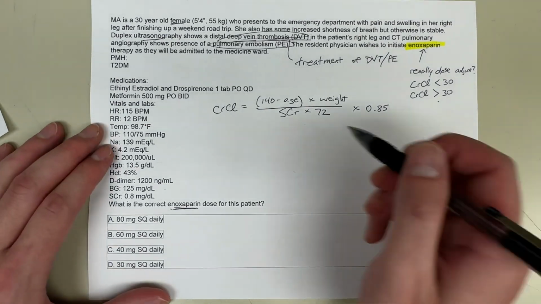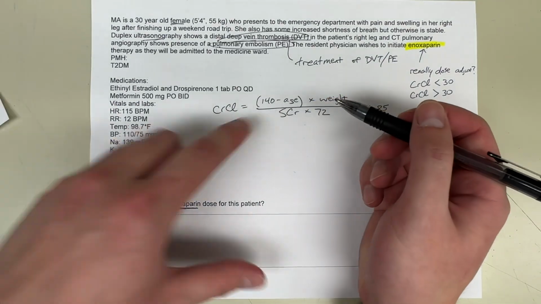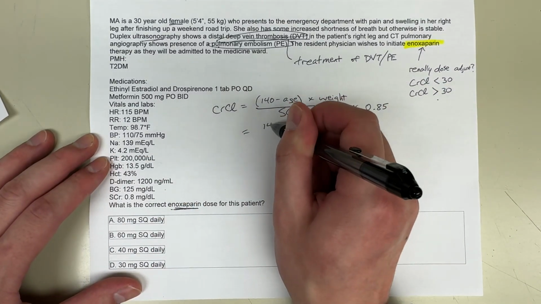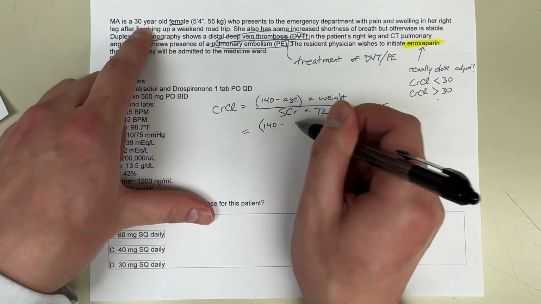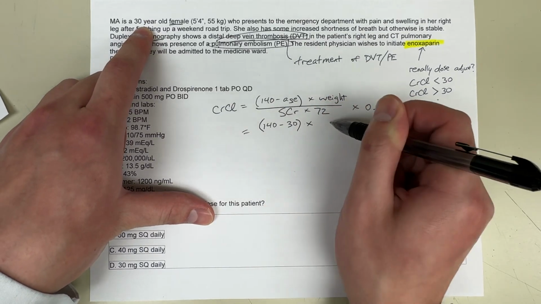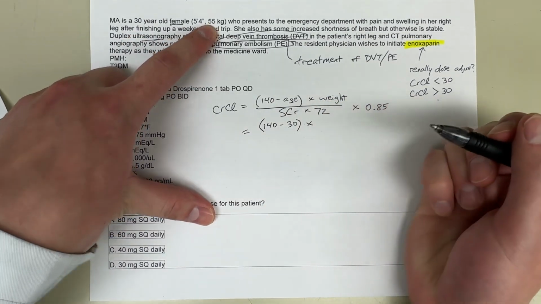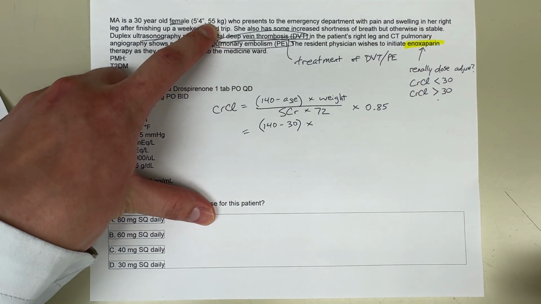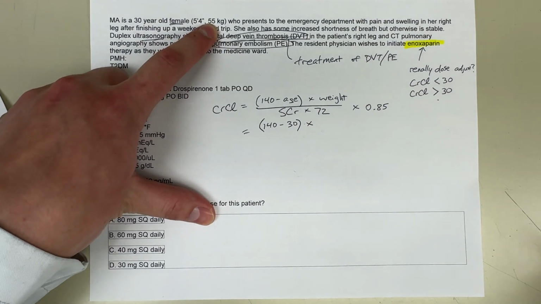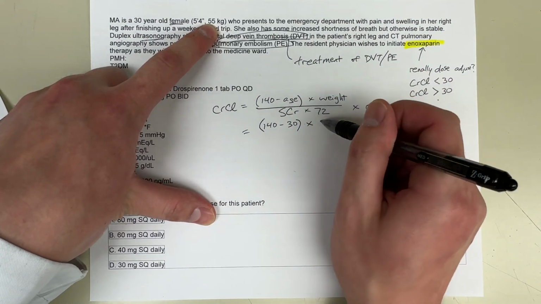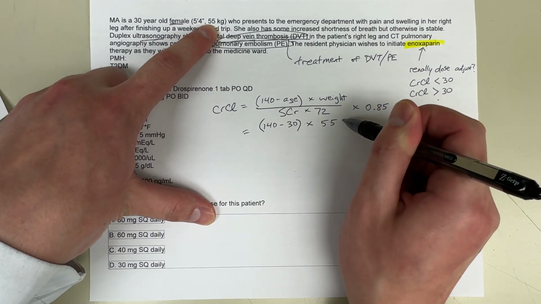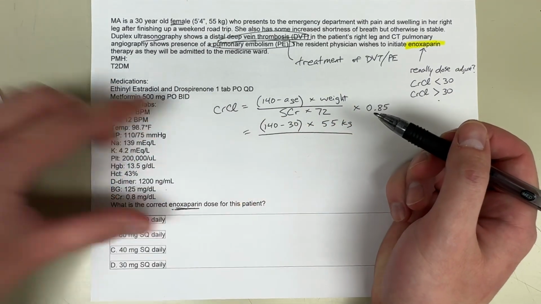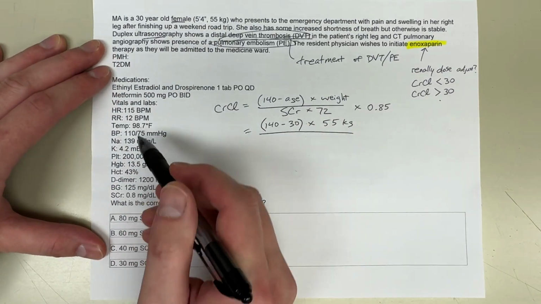So when you do this, you just fill in the formula. 140 minus age, 30 years old, times weight. On the actual NAPLEX, they're going to tell you which weight to use, whether that be ideal body weight or actual body weight. But since they don't tell us in this question, I'm just going to use actual body weight, all divided by the serum creatinine. So you have to find the lab here.